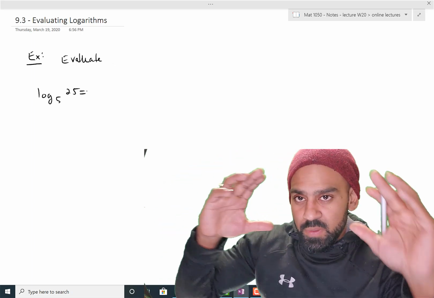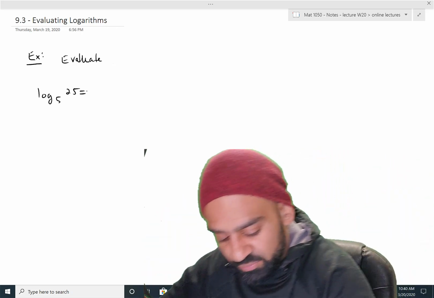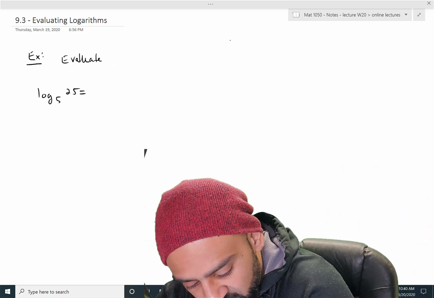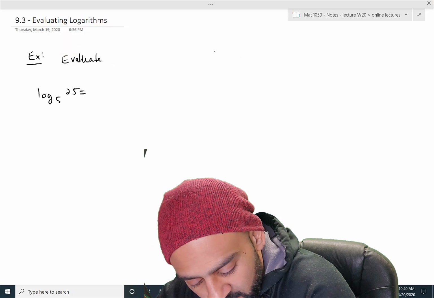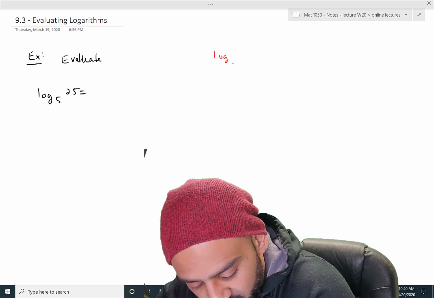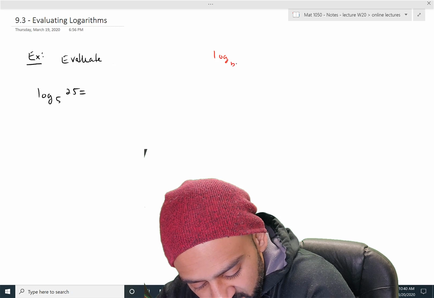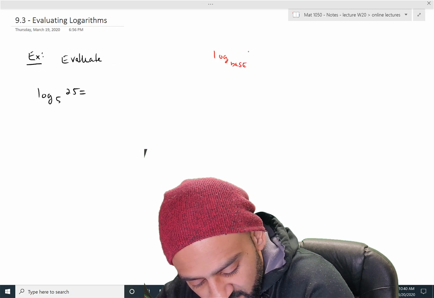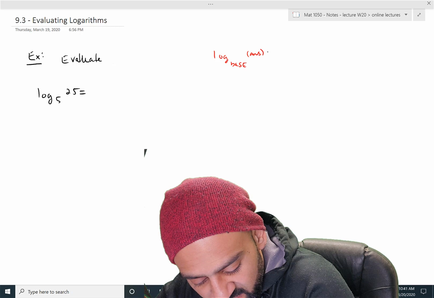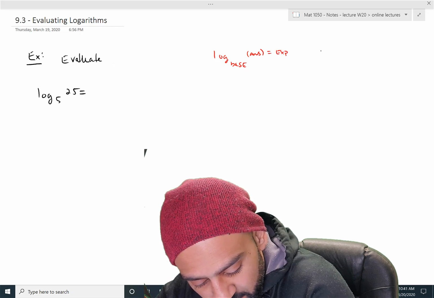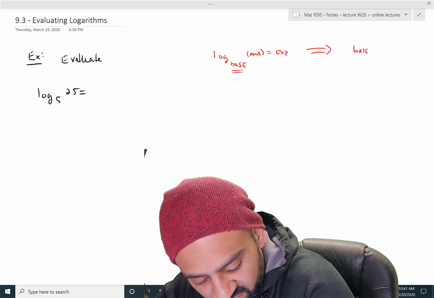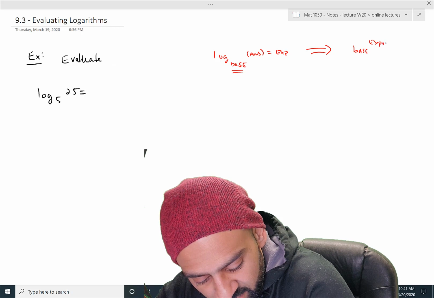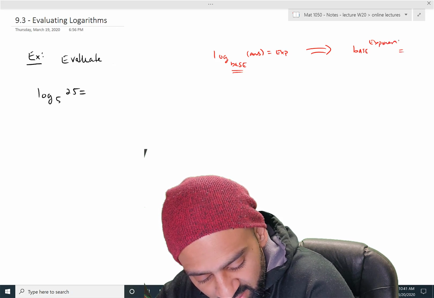And remember, keep in mind the position of things. So I'm going to write down the same thing we had on the other page right here, just so we can reference it. Log, the base of, this is a base. The answer is here, and it's equal to the exponent. Well, that's the same thing if we were to convert it. Take that base, it's raised to the exponent, and then it gives you an answer.